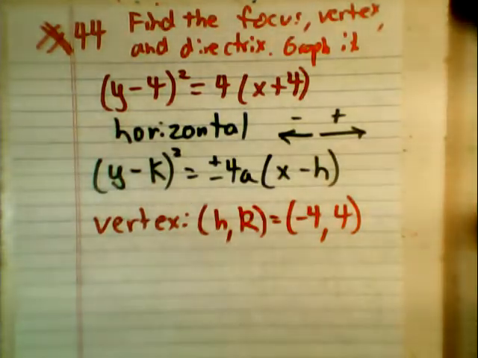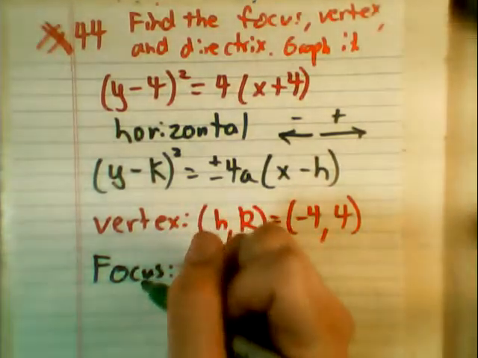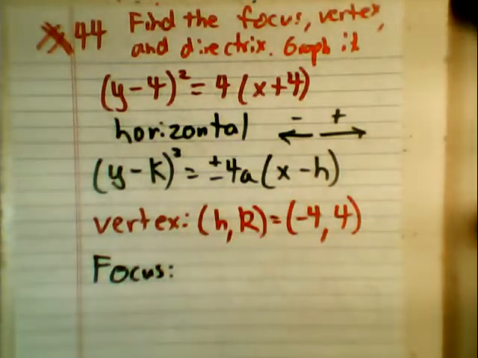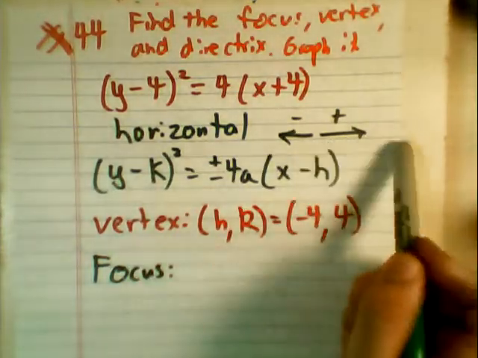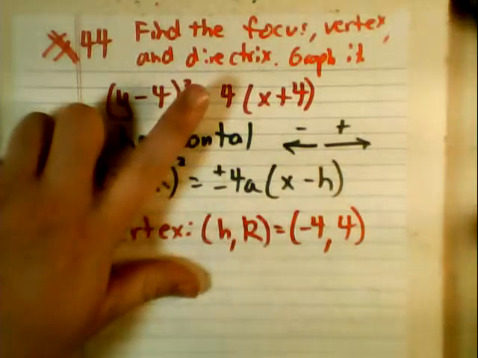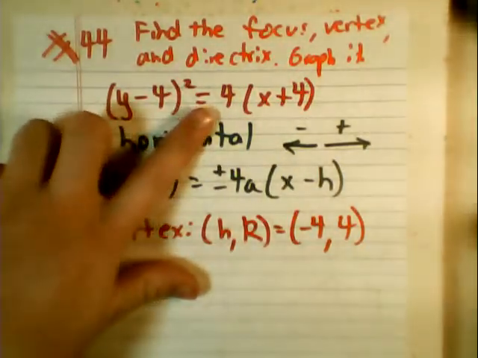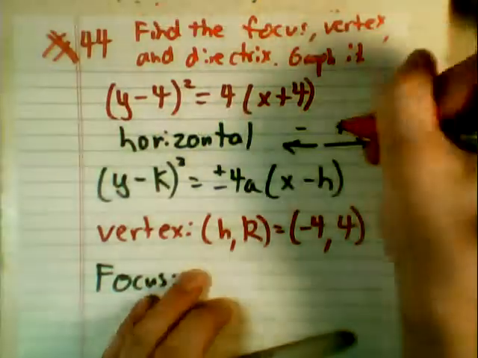Now let's find our focus. Remember the focus equation. First, let's determine whether it actually opens up right or left. To do that, we look right here, and since this 4 is positive, it's going to open to the right.